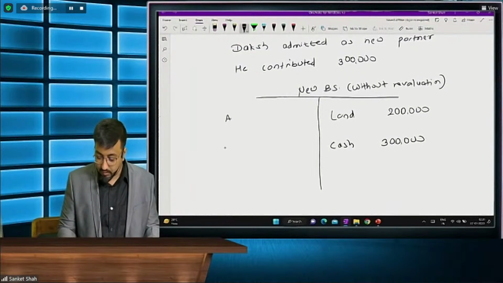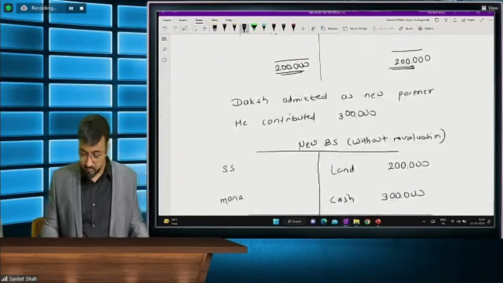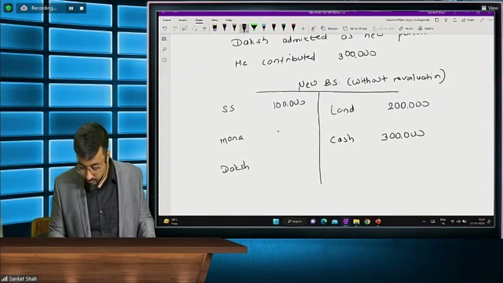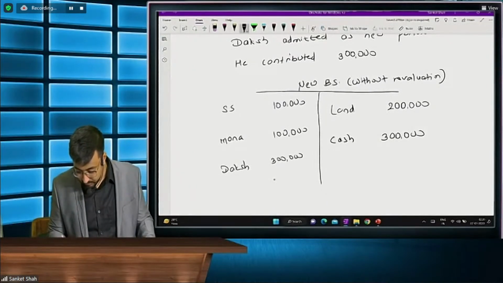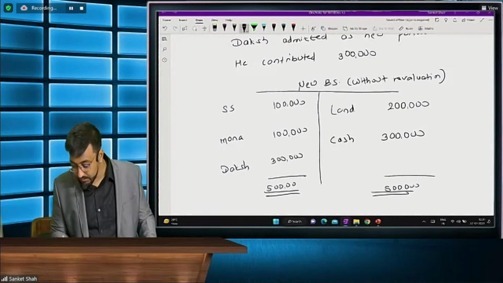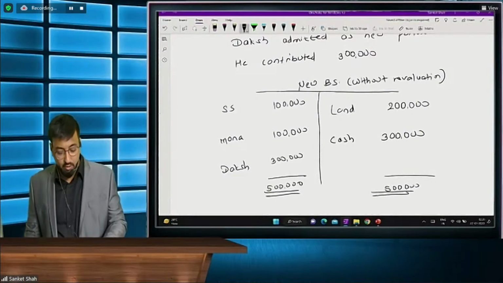Write down SS, Mona, and Daksh: 1 lakh, 1 lakh, 3 lakhs. Write down these examples so you'll understand the logic behind revaluation.